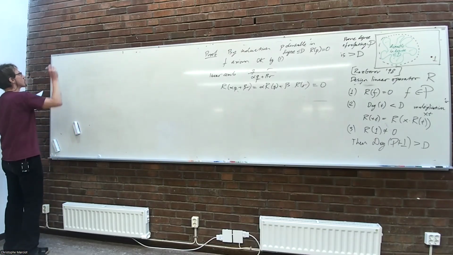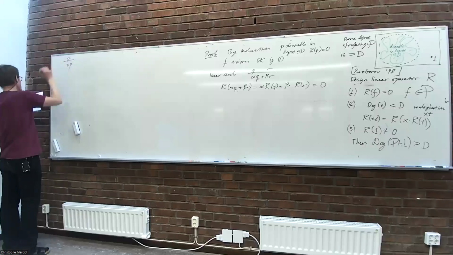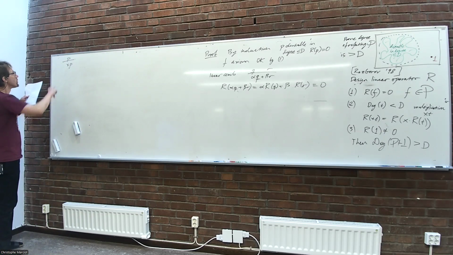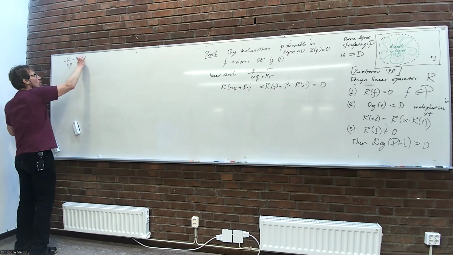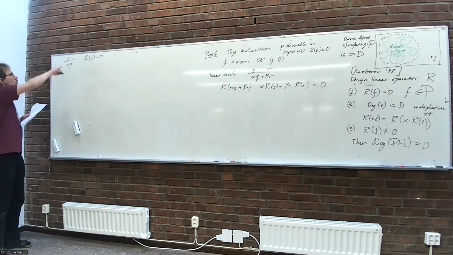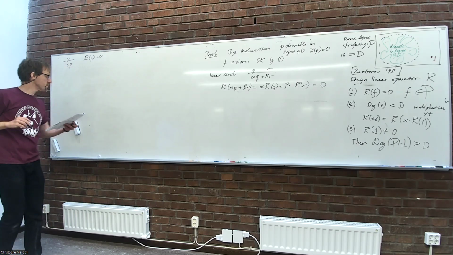Okay, so suppose we're deriving x times p from p, and we know that R of p is 0. And we know also that p has degree at most d minus 1, so that xp has degree d. Okay?